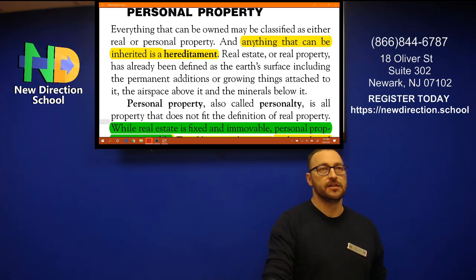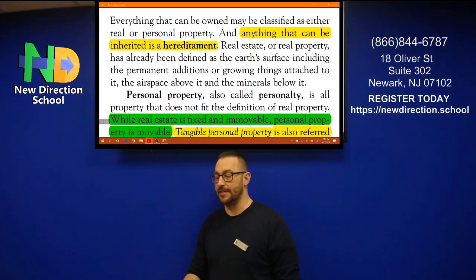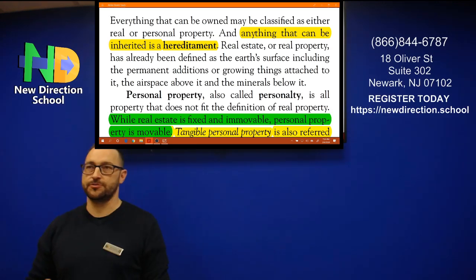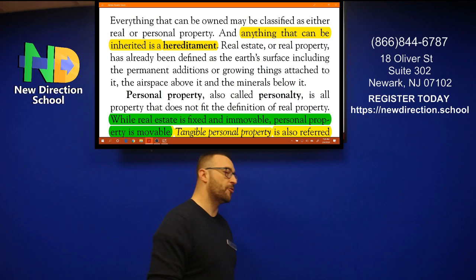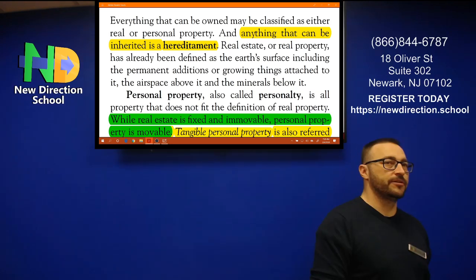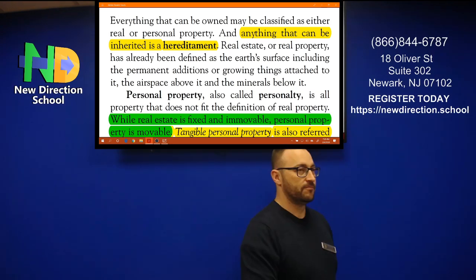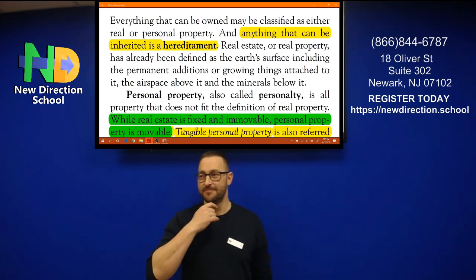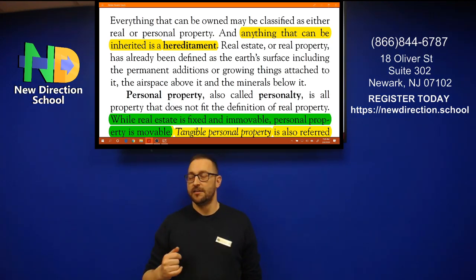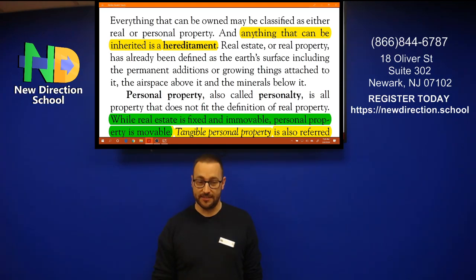But personal property, also called personalty, is all property that does not fit the definition of real property. The best explanation ever. Now, they saved themselves, whoever created this book, with the following sentence: while real estate is fixed and immovable, personal property is movable.